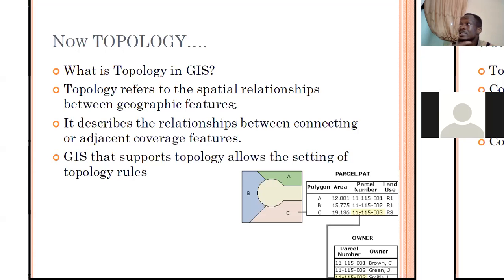In other words, someone is saying your boundary ends here, it ends there. There is a certain limitation to how far a geographic feature can go. Where your piece of land ends, someone's piece of land begins, and we always have that issue. So you can see how that has something to do with relationship.